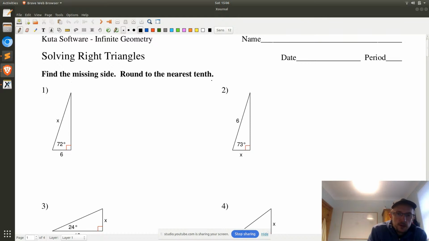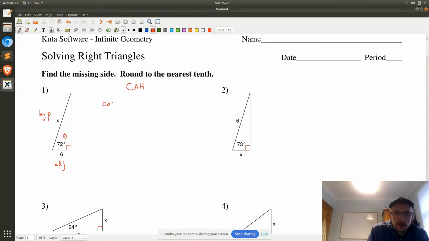Now, let's see. Find the missing side, round to the nearest tenth. So, here, who's involved? Hypotenuse, adjacent, and the angle, typically theta. So, run through SOHCAHTOA, and we find that it's CAH.